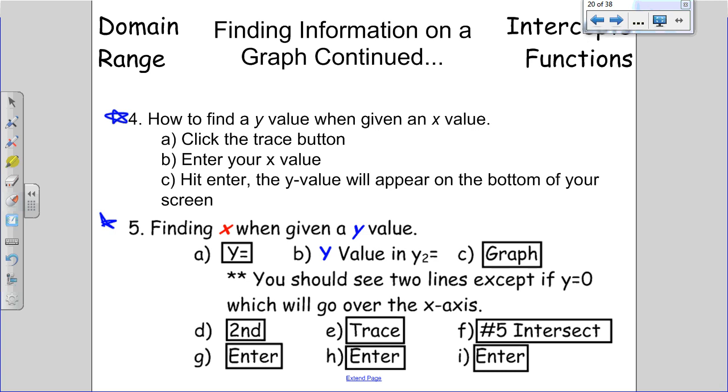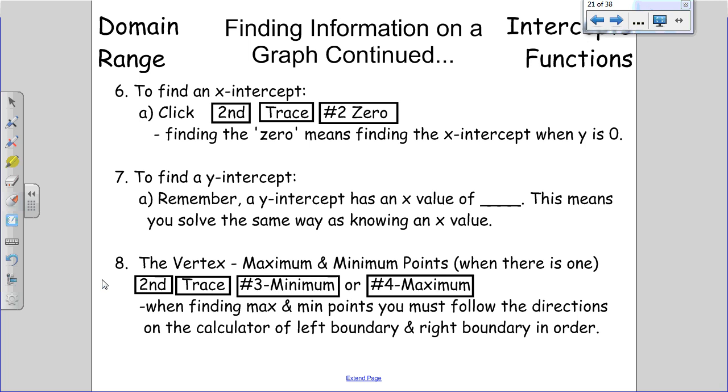The next thing is how to find X-intercepts. Your calculator can calculate where X-intercepts are, the actual numbers. So you know how you guys were doing it by hand before? Your calculator can do it with just a couple clicks of a button. It's kind of nice. Number 7 is how to find Y-intercepts. We do have to fill in a blank here. The trick to knowing how to find Y-intercepts is remembering that all Y-intercepts have an X value of what? 0.